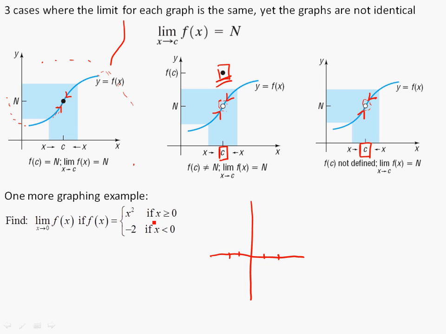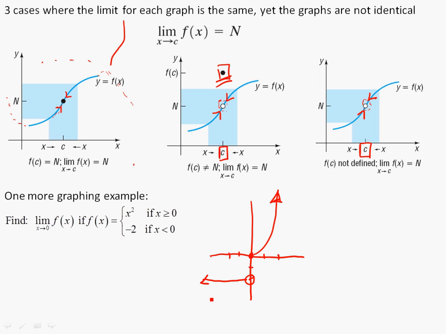So x squared, if x is greater than or equal to 0. So I can start here, right? And then x squared would look like this. You okay with that? And it says if x is less than 0, then I'm just worth a -2. So at less than 0, you have an open circle, and you would move towards the left only at a -2. Are you guys good with the picture?